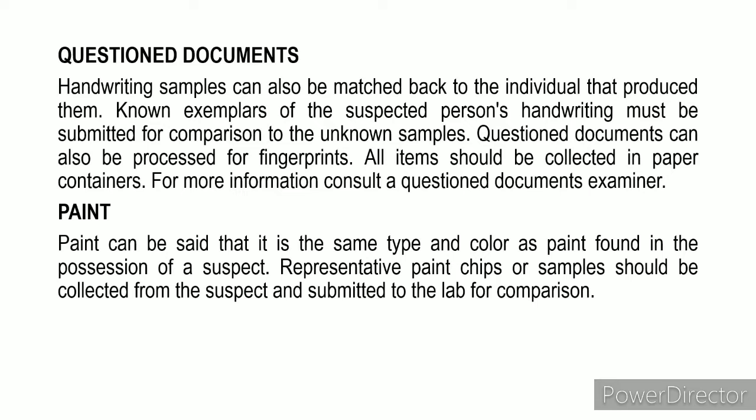yung nakabisikleta ay papunta sa trabaho niya at yung sasakyan ay mabilis ang takbo at nabangga niya yung bisikleta. Yung kulay nung bisikleta ay tumatak dun sa sasakyan nung suspect, at yung suspect ay dire-diretso lang sa kanyang paroroon at hindi niya hininto yung sasakyan niya para i-check yung nabiktima niya.